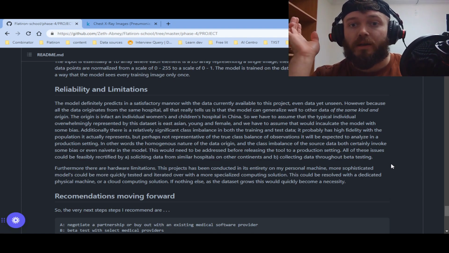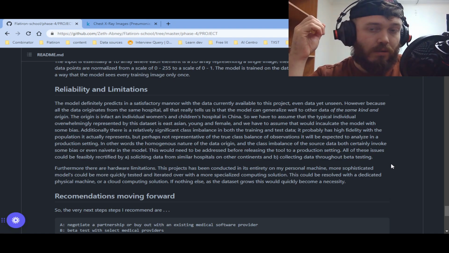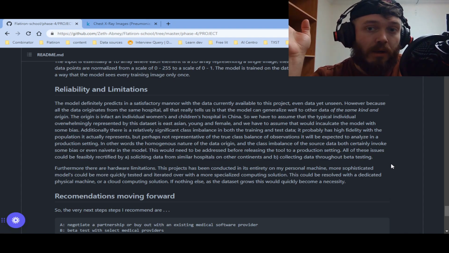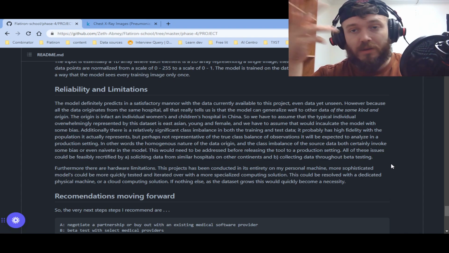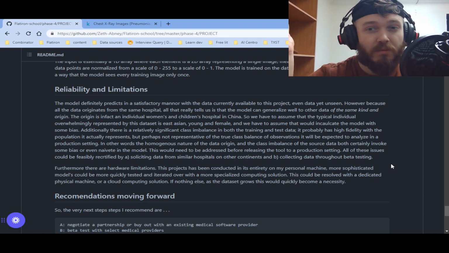We have to assume that these people are basically all Chinese, and we know that they're all women and children, right? So the only male genetics in this data set are not even teenagers yet, I believe.